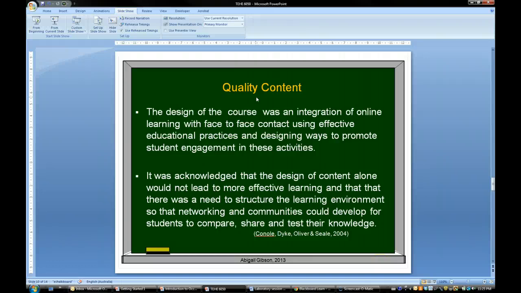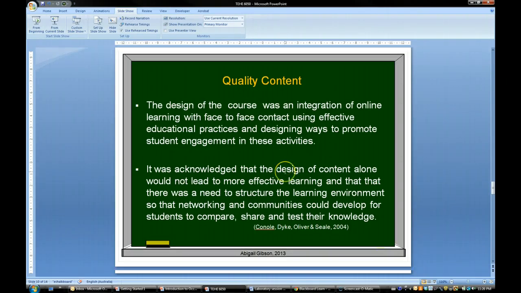One of the ways of doing that is for the students to develop learning communities, so that they could network together and share their knowledge.